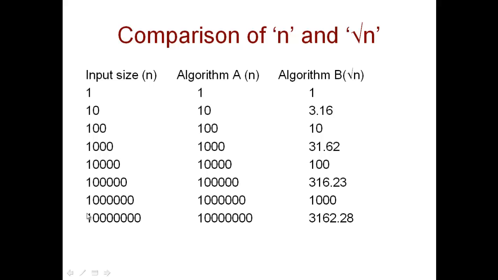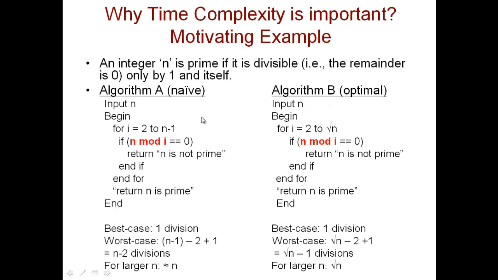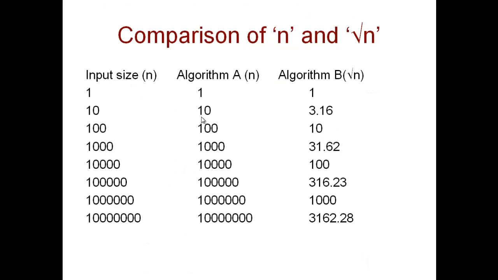Okay, so as you have different values of the input size or the integer n, the first algorithm will take the same number of divisions. So if n is 10, you will require 10 divisions. Of course, it's n minus 2, but as I said, as you increase n, n minus 2 is almost the same as n approximately.